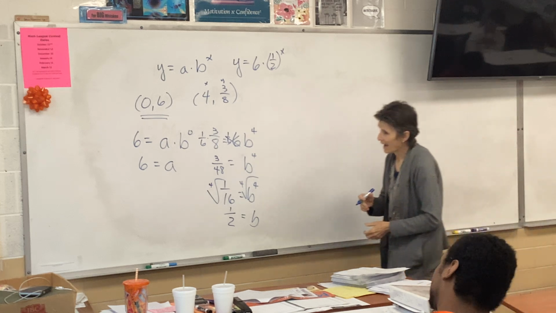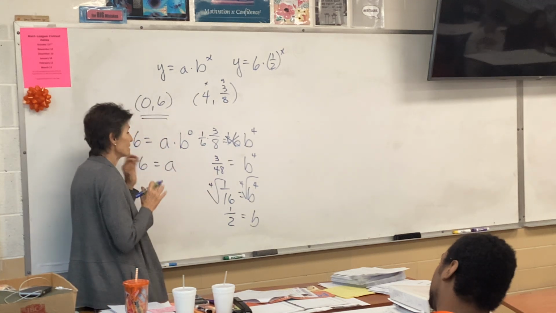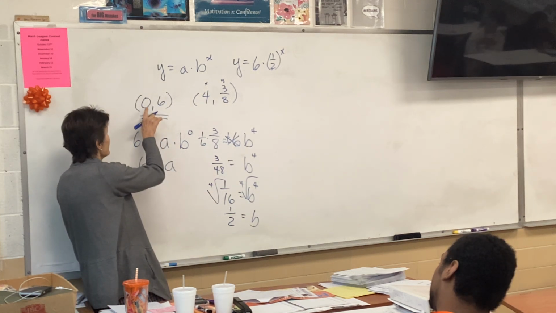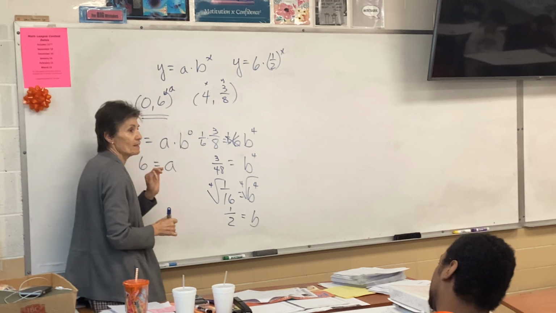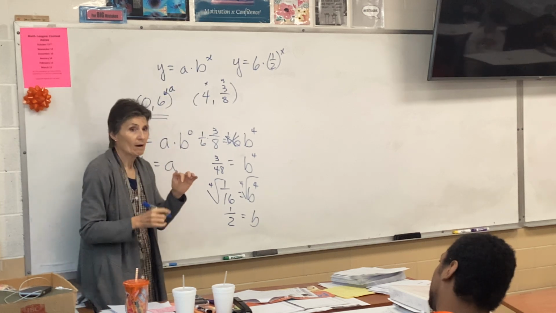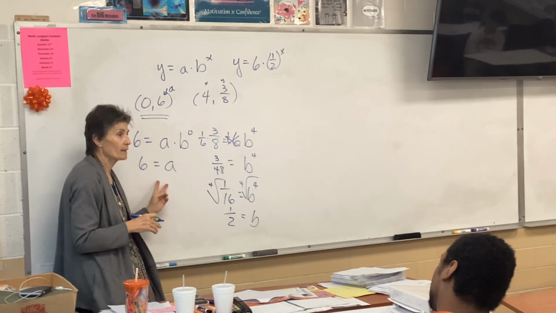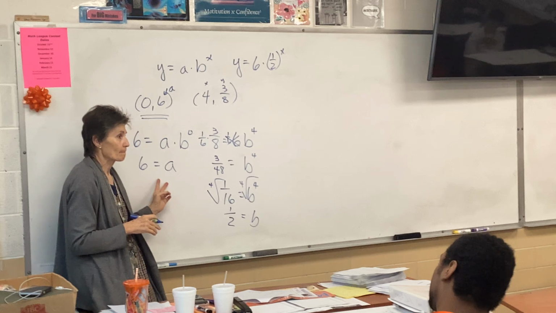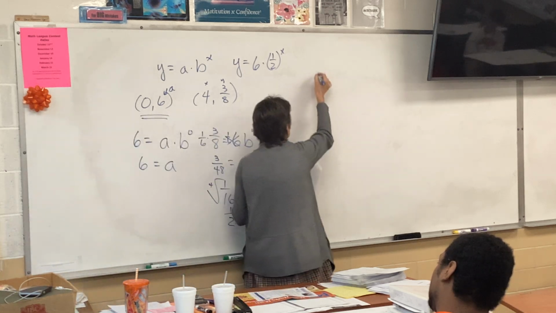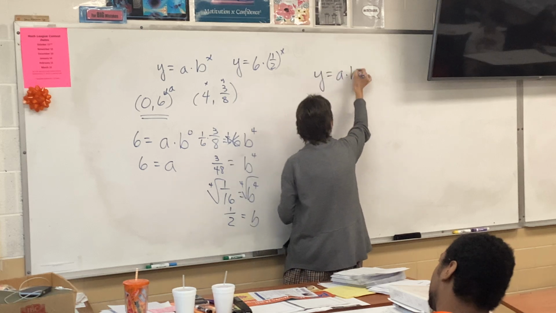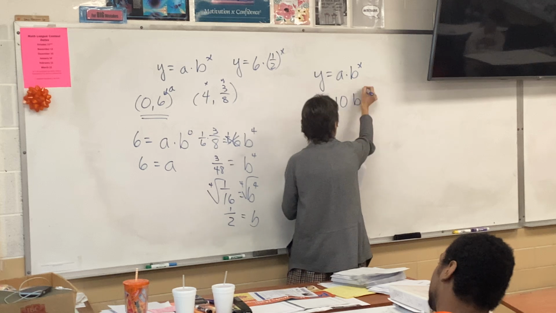So you can actually, if you want, skip this step because that will always be the case. In your point with a 0, this number will always be your A. Now, if you don't want to remember that, or that doesn't make sense to you, then you'll work it out. But when I look at problem D, and I know this is my goal, I know automatically A is going to be 10.